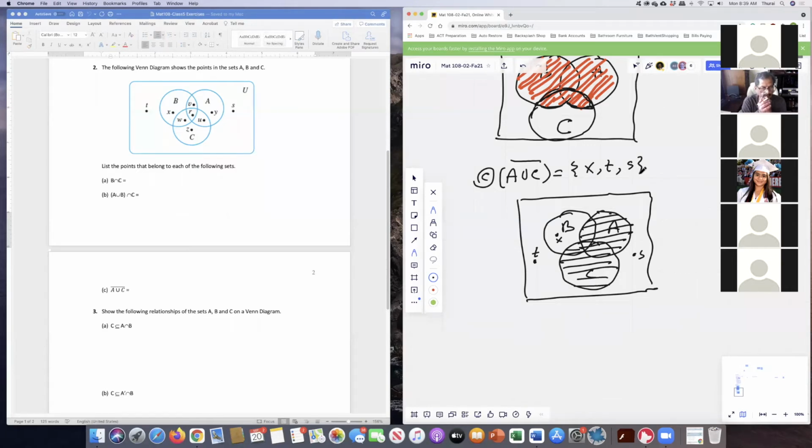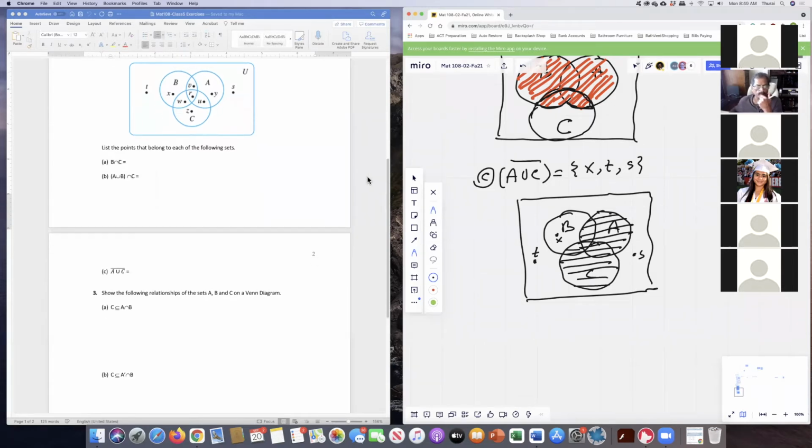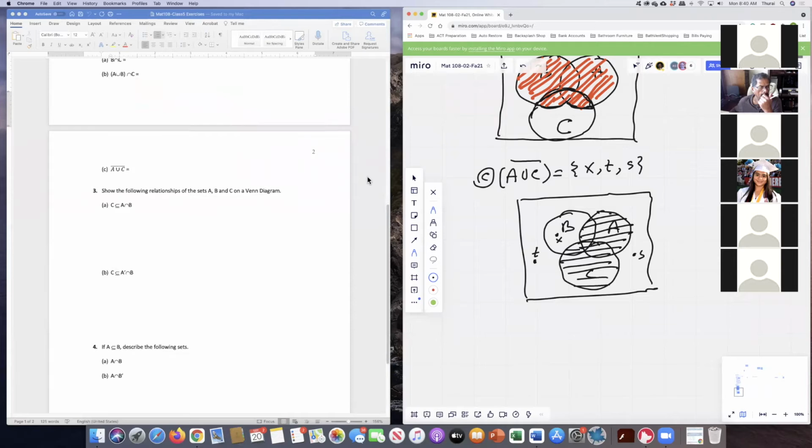Any question on that? Nah, I'm good. Okay. Okay, problem number 3 says, show the following relationship of the sets A, B, and C on a Venn diagram. Part A is C is a subset of A intersection B. So how would you show that fact on the Venn diagram?